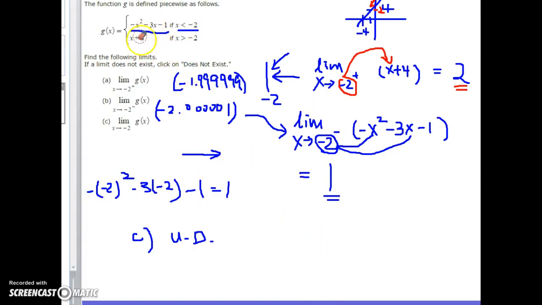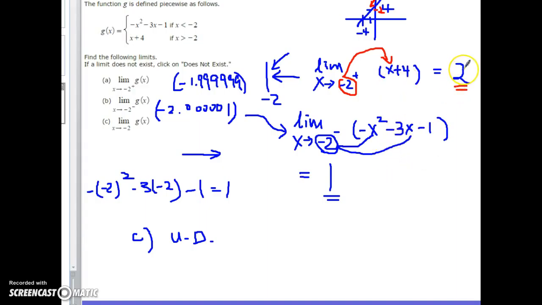Okay? So, hope you guys get the idea of the whole shebang behind the scene. The only thing that you have to be careful with this piecewise function is to know when to use the right equation. That's not too hard if you understand what this little plus, this little minus means, then it shouldn't be too difficult to choose which equation to use as your g of x.